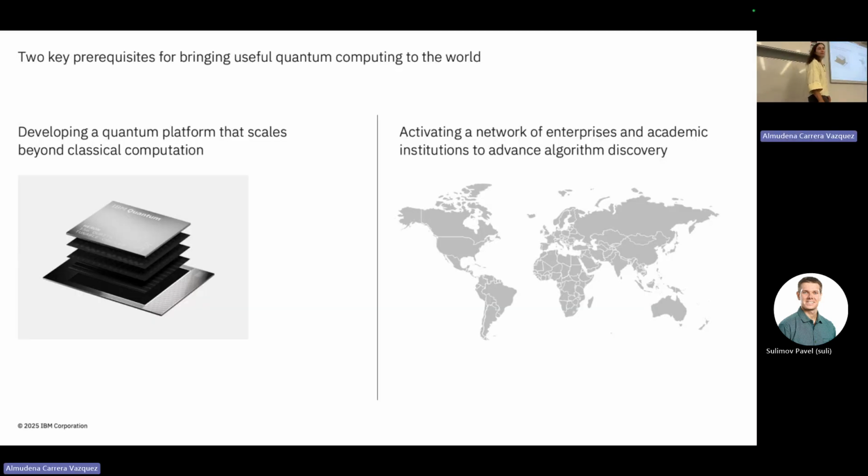So how do we do the first one? It's also a bit twofold. We have to develop the hardware and create a scalable platform that scales better than classical. On the other hand, for the algorithms, we are creating a network of people, academics and industry, to work on different topics of research, because now we are at the point where we have to identify problems in the classical community that are very hard classically and also useful. We as quantum researchers maybe know about quantum, but we don't know about, I don't know, chemistry or whatever.